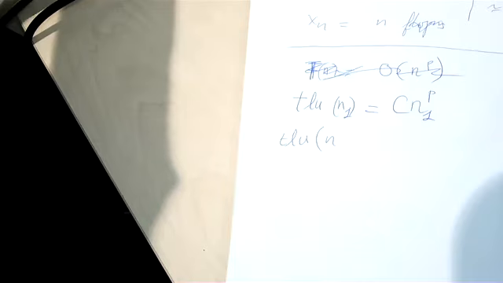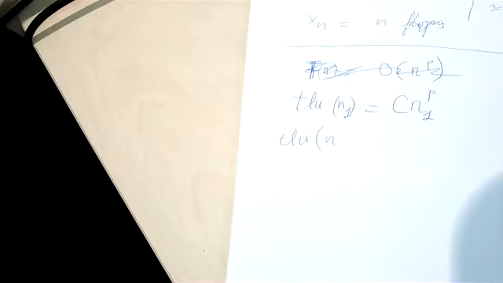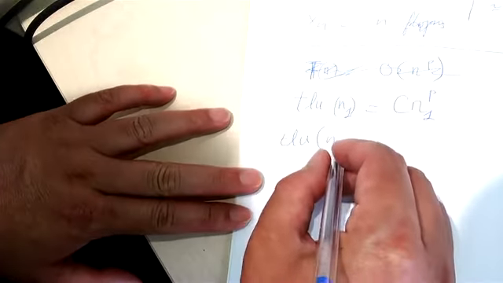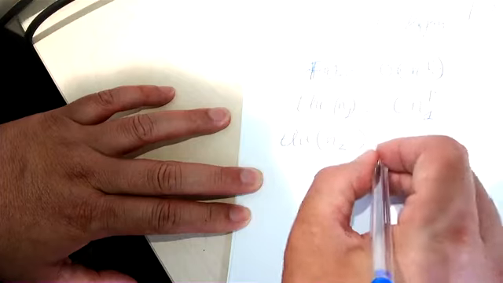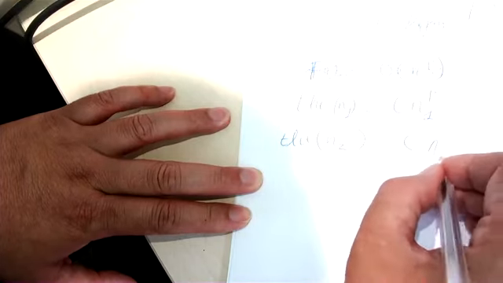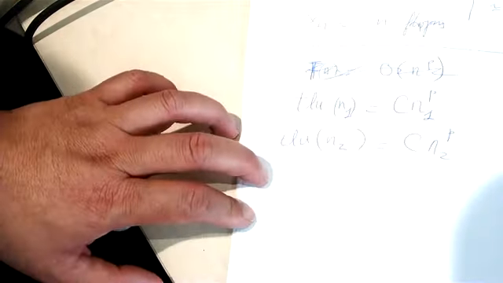So actually it starts from 500, and then 5,000, and so on. So we can have T_LU at n1 equals c n1 to the p, and then T_LU at n2 equals c n2 to the p. Okay, so two values.